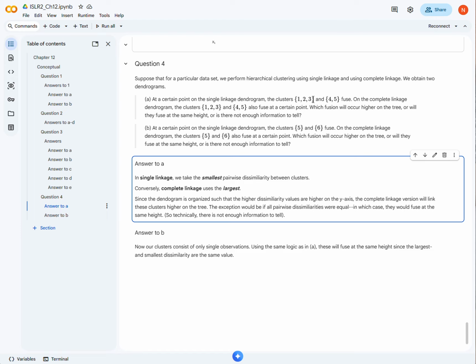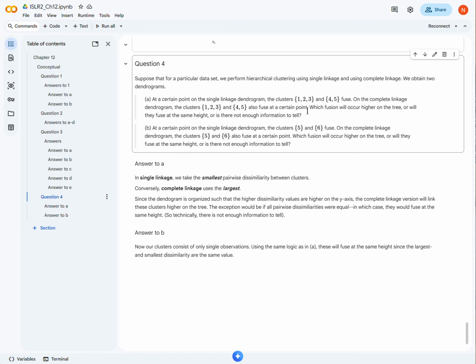On the other hand, if we do complete linkage, we do something similar, but we take the largest dissimilarity measure. So between these two methods, the one that is more likely to have the smaller dissimilarity is single linkage.